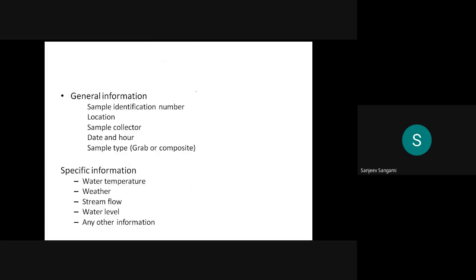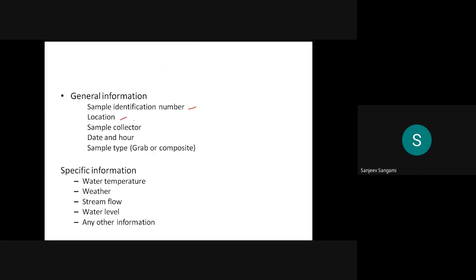Then the general information we always have to collect whenever we are doing the sampling. The first one is the sampling identification number. You give your own number so that you can identify it or differentiate it from one another.